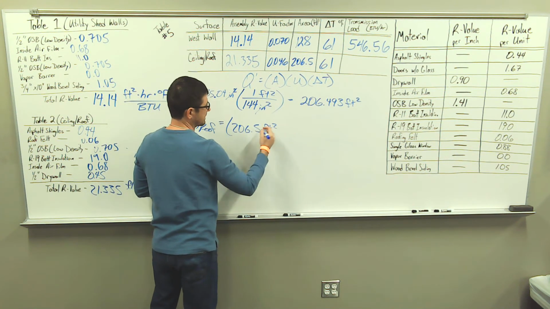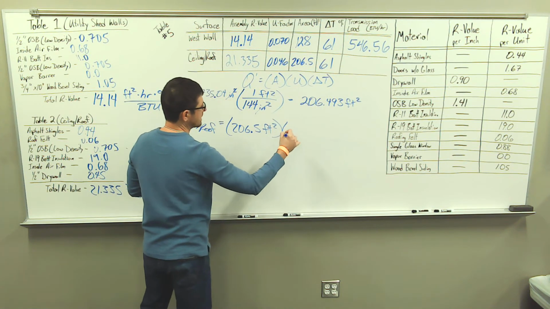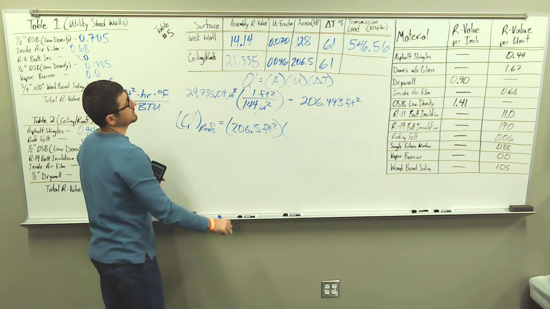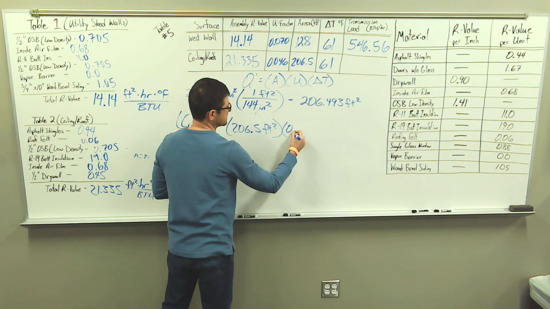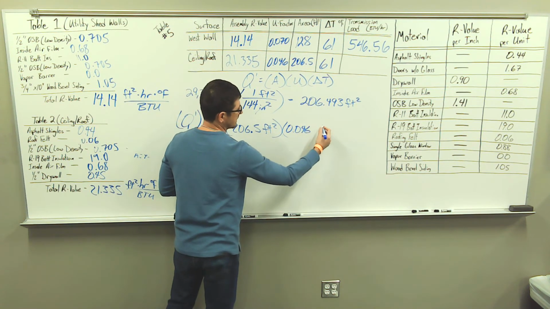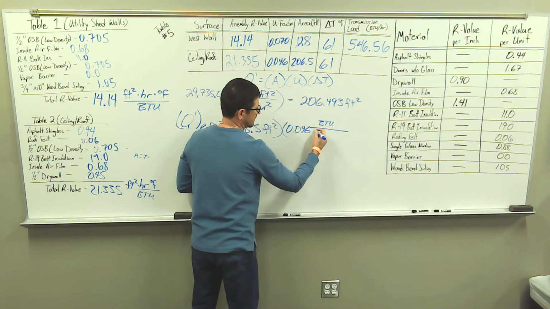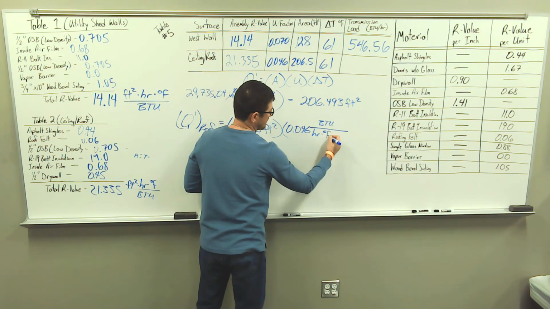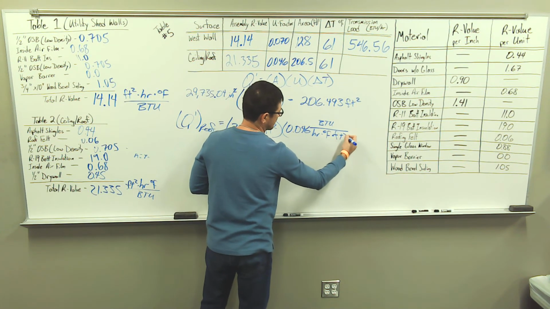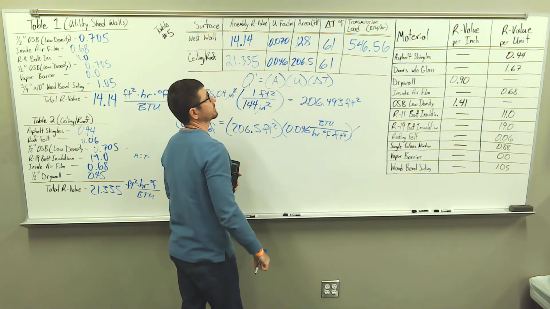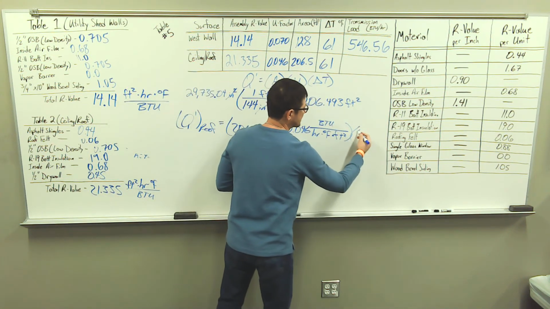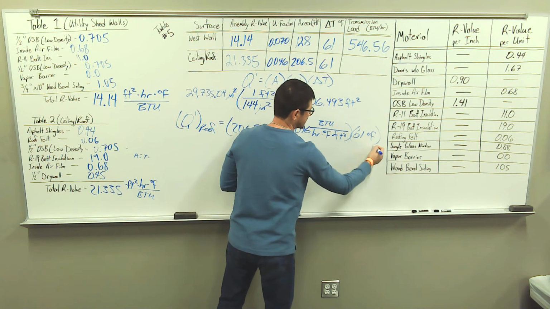Remember, always write your units down. Our U factor is 0.046 British thermal units per hour, degree Fahrenheit, foot squared. And we're going to multiply this by 61 degrees Fahrenheit.